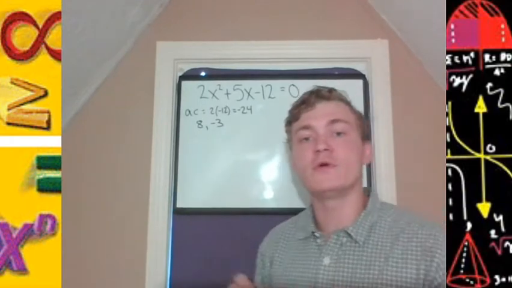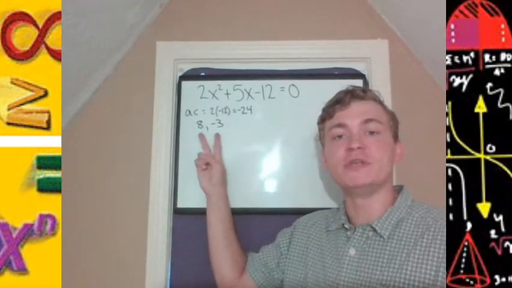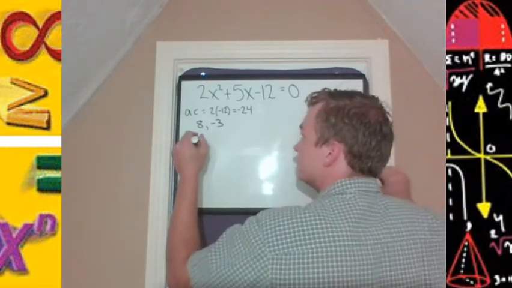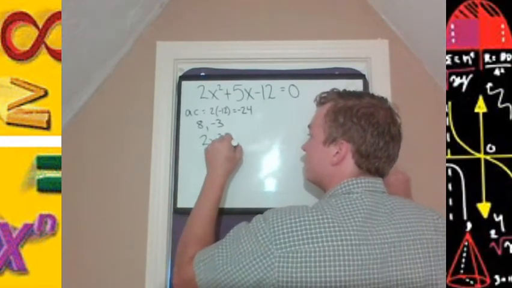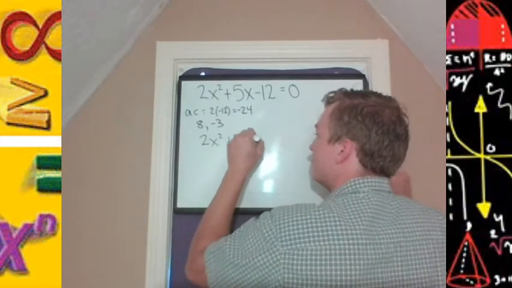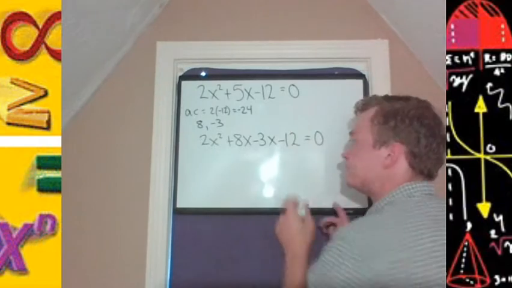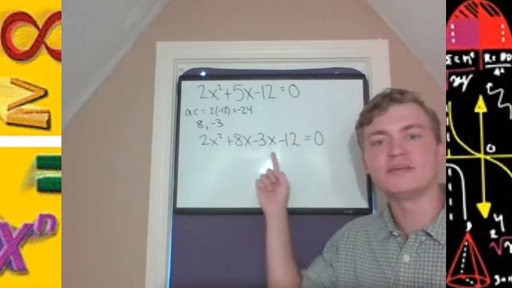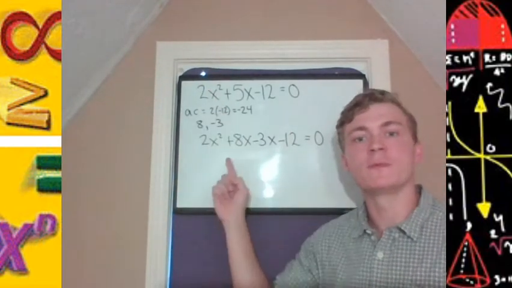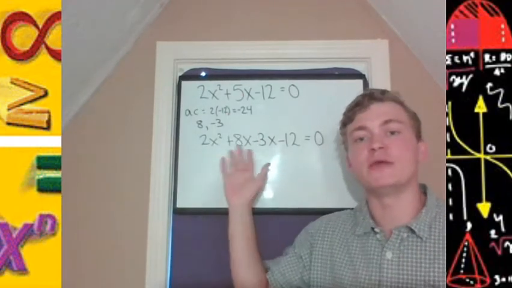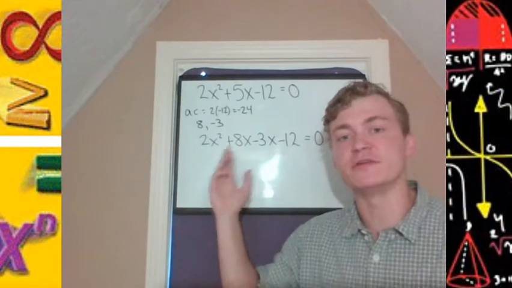So reversing those FOIL steps, we're going to use these two integers to rewrite this middle term here. As we see, this still represents the same exact equation because 8x minus 3x is 5x. Only we are reversing it because, again, we're trying to factor this and set each factor equal to 0.